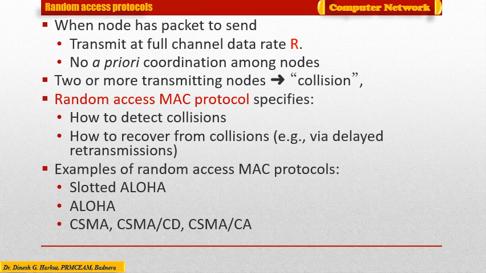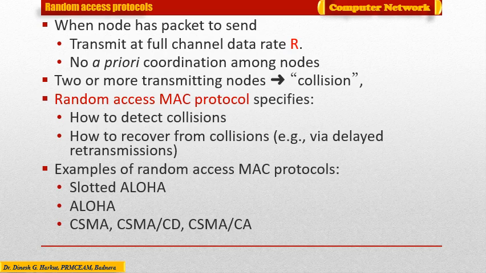But when a node experiences a collision, it does not necessarily retransmit the frame right away instantaneously. Instead, each node waits for a random duration of time, and hence the name random access protocol. That is, each node waits for a random delay before initiating the retransmission of the frame.